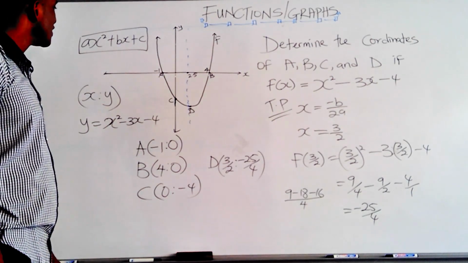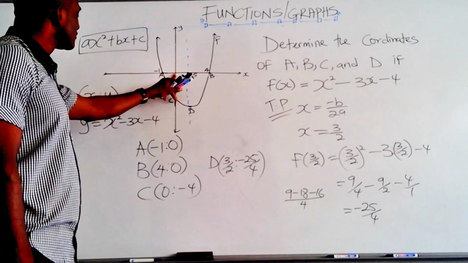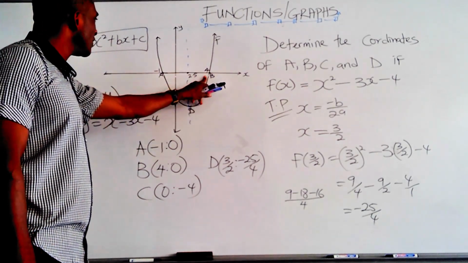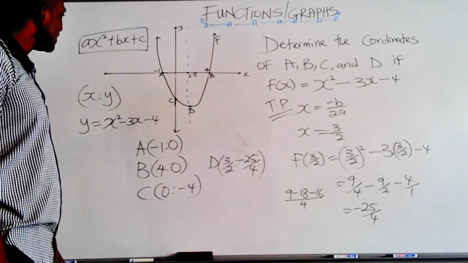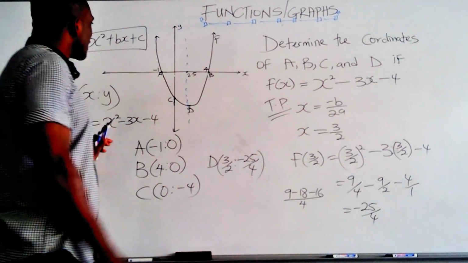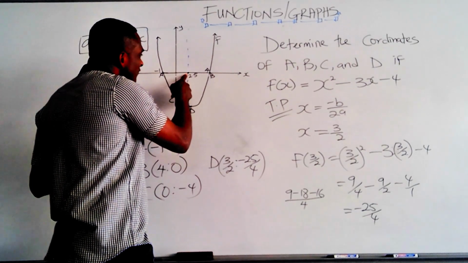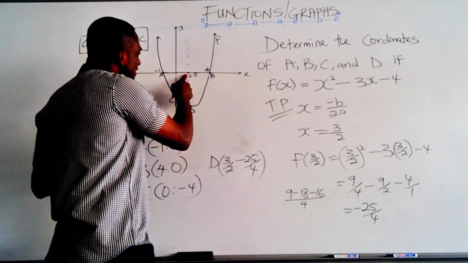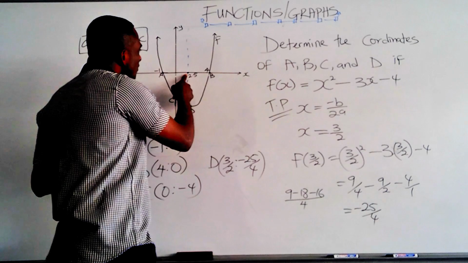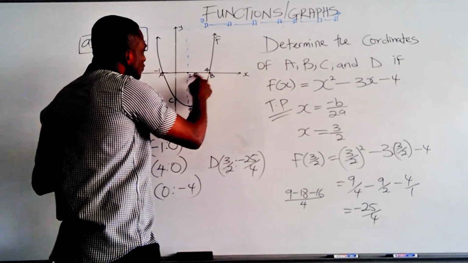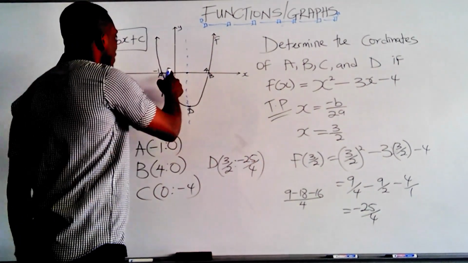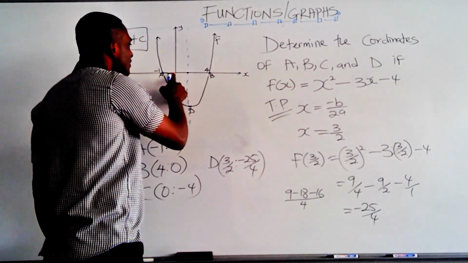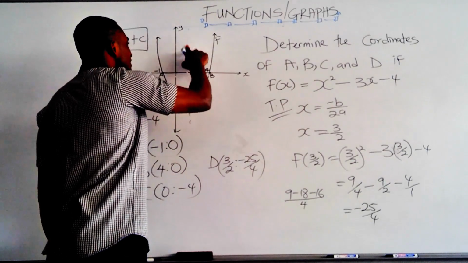Let's check what we did wrong in the other one. We have 1 plus 4, that is 5. 5 divided by 2 is 2.5. Let's see where x falls in. We have 1 here. Oh, that was a mistake initially.